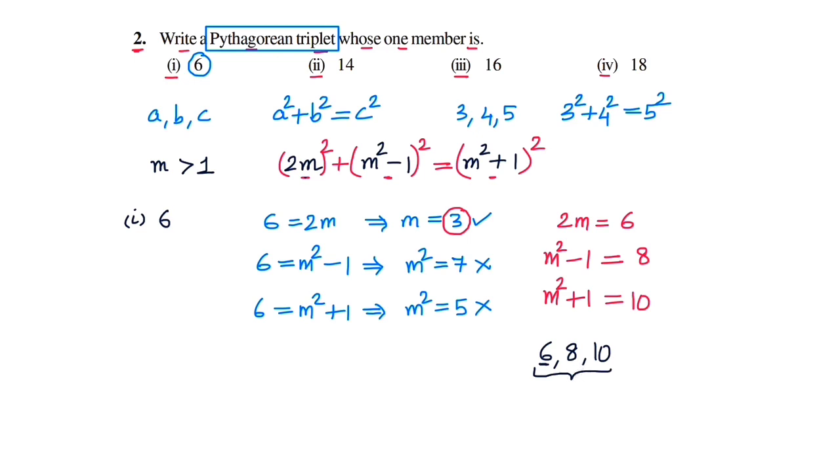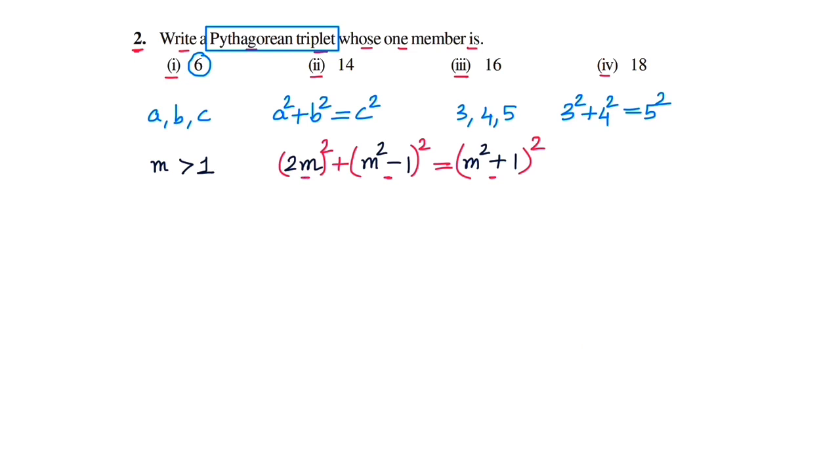We have to check for each expression. We are going to apply the same concept in the rest of the parts. I am repeating, for each part you have to check whether the given member is equal to which of these expressions, that is 2m, or m square minus 1, or m square plus 1, for an integer value of m.